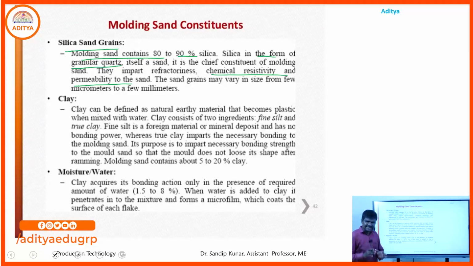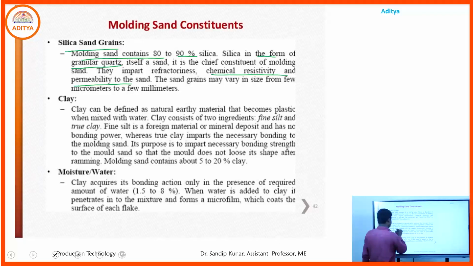Clay is defined as a natural earthy material. It helps as a binding material for the silica. It is an earthy material that becomes plastic when mixed with water, so it acts as a binding material.